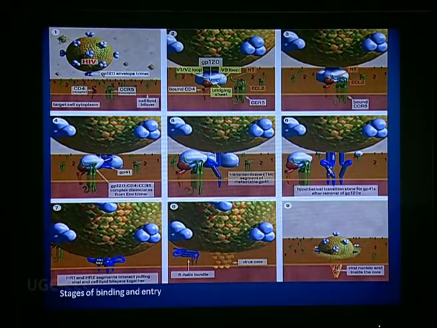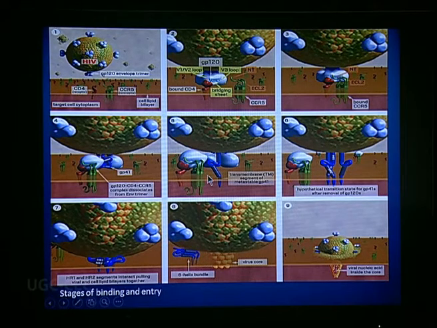Now let us talk about the different ways by which this virus gradually enters. You see, this is the HIV, and it is binding to specific receptors like the CCR5 or CD4, and they gradually come in with the activation of the V1, V2, V3 loop. They bind, and after this binding they gradually come close, and this is how the GP41 is entering, and the head or GP120 is embedded in the membrane.